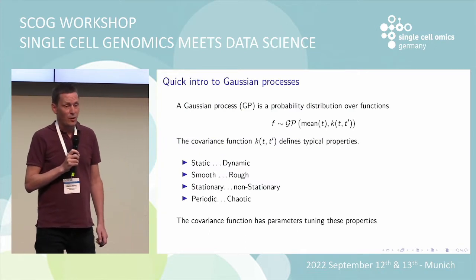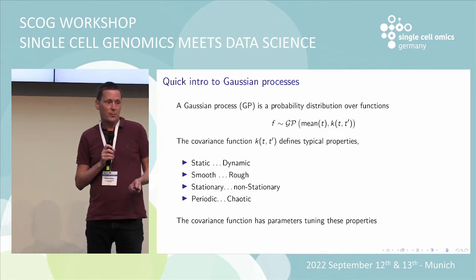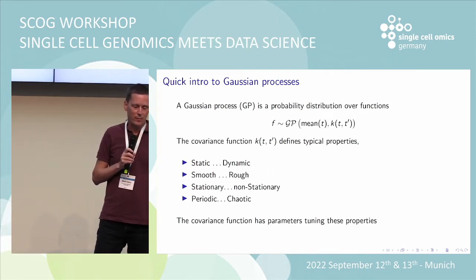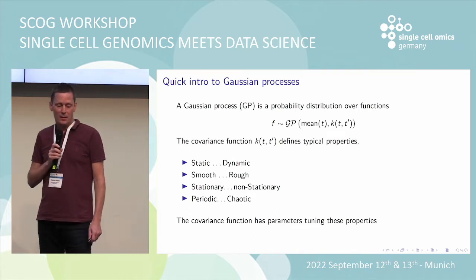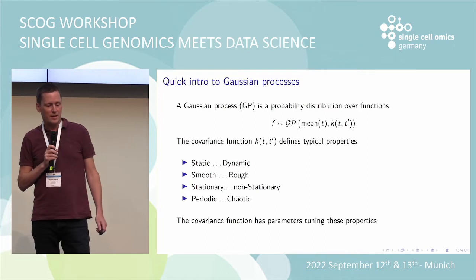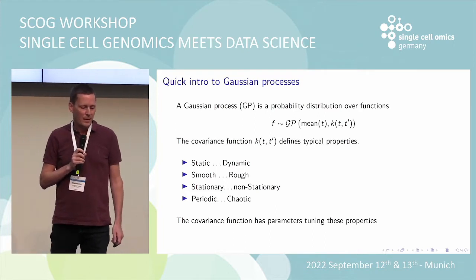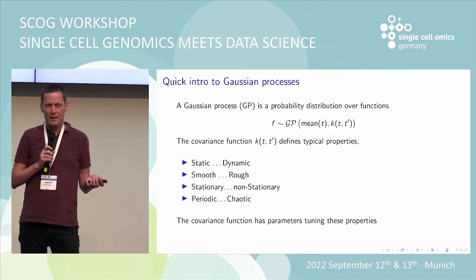So Gaussian processes are like probability distributions over numbers, but they're actually probability distributions over functions. And the main object of relevance in a Gaussian process is called the covariance function. And it can tell us whether the functions that we draw from this distribution are very dynamic.